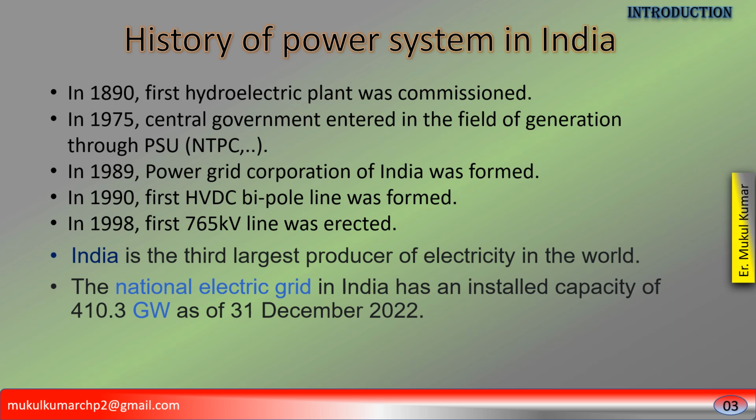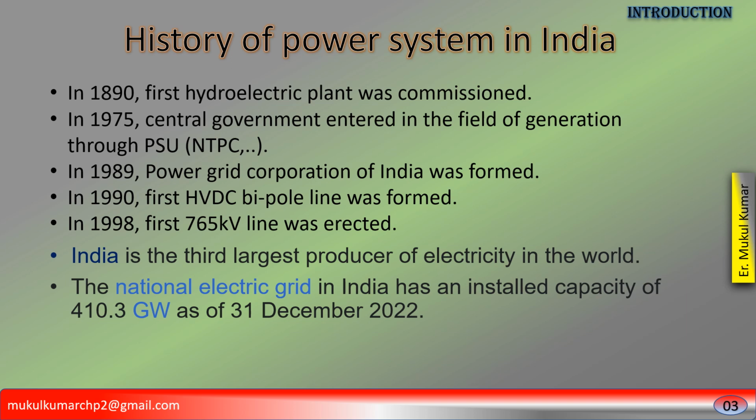Power Grid Corporation of India was formed in 1989, our first HVDC bipole line was formed in 1990, and the first 765 kV line was erected in 1998.